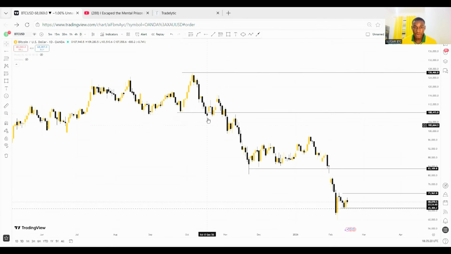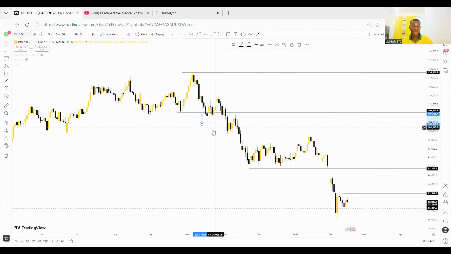The moment price breaks below a swing low, it gives us an indication. What did I say? An indication is when price breaks above a swing high or breaks below a swing low, correct? So the moment price breaks below this level, this is our indication, right?